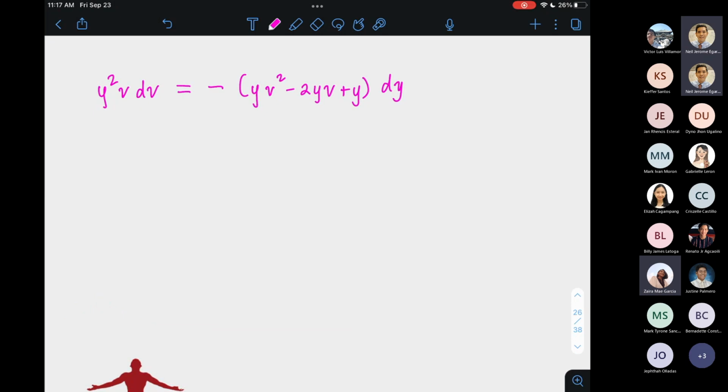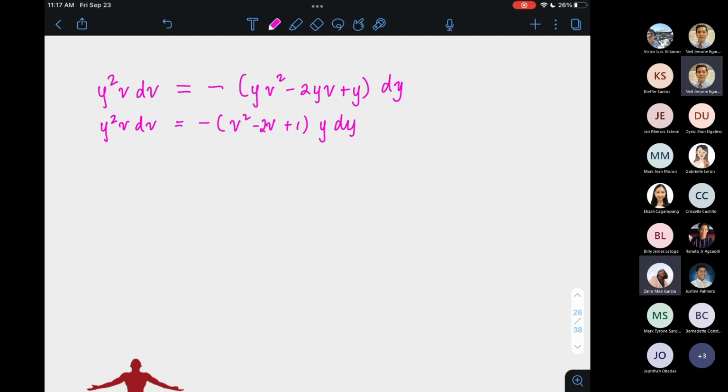And then we try to separate. So, I'll have y squared v dv equals, dito pwede ako mag-factor ng, pwede ba mag-factor? Pwede ako mag-factor ng y mula dun sa kanan. So, siya ay magiging negative (v squared minus 2v plus 1) times y dy.